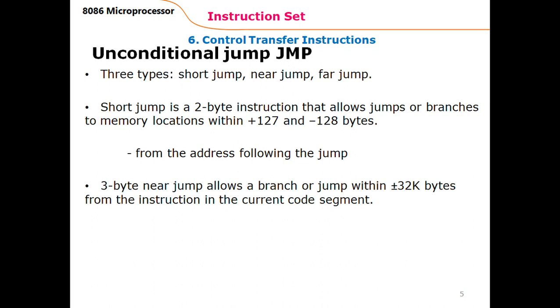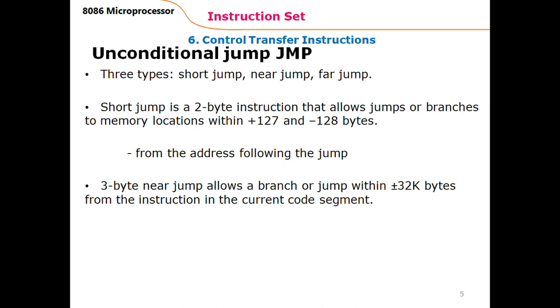Short jump is a 2-byte instruction that allows jumps or branches to memory locations within plus 127 to minus 128 bytes. In the 2-byte instruction, 1 byte is the opcode or operation code, and 1 byte is a signed displacement that indicates the number of bytes to be skipped.